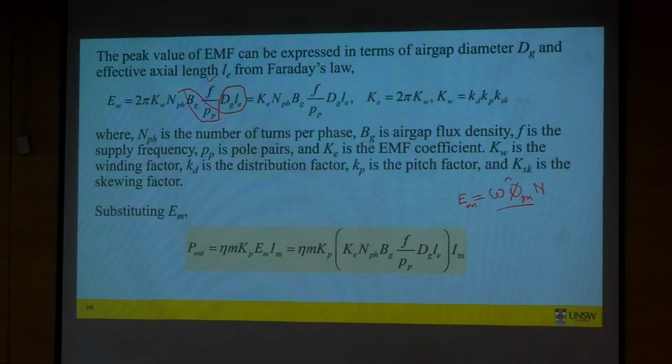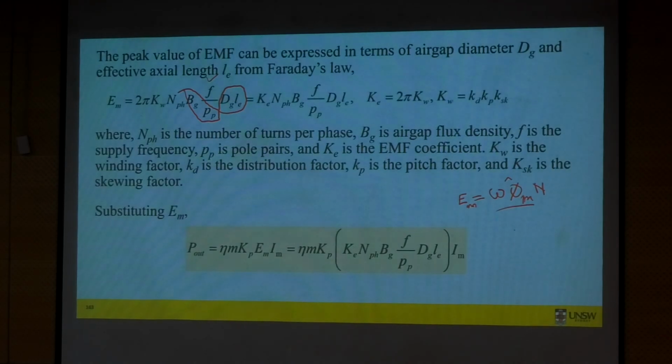It's actually flux, right? Flux per pole, okay? Flux density times area, the pole area, is your Bg times area over Dg times Le. So it is obviously Dg times Le is a simplified area, okay? Simplified area.